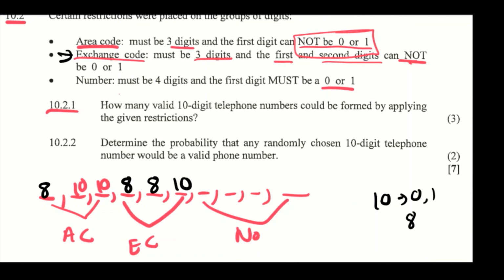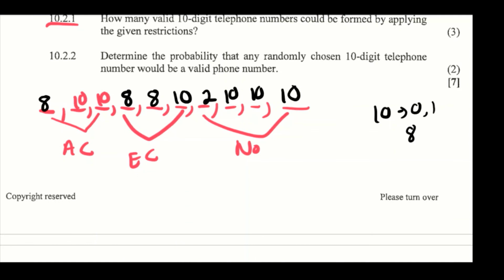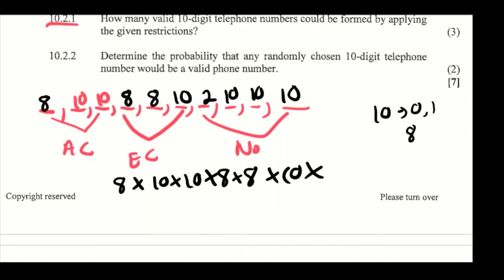And then looking at the number's 4 digits, the first digit must be a 0 or 1, so there's 2 ways for this, and then the rest is just 10, 10, 10, right? So the answer you're supposed to get is 8 times 10 times 10 times 8 times 8 times 10 times 2 times 10 times 10 times 10, right?